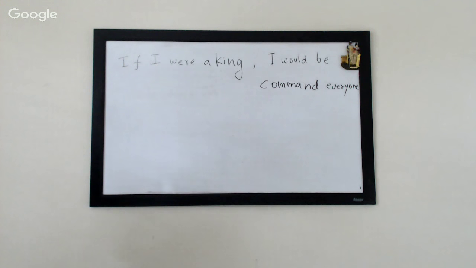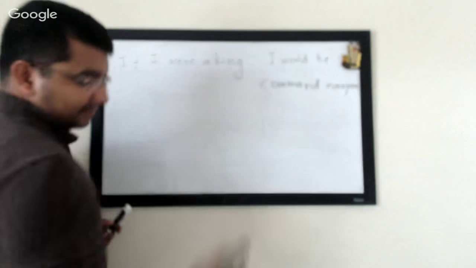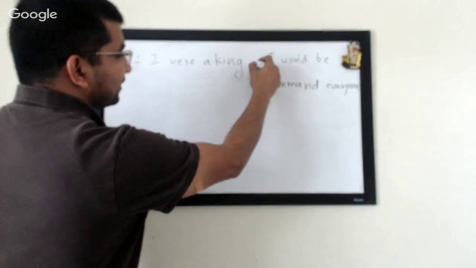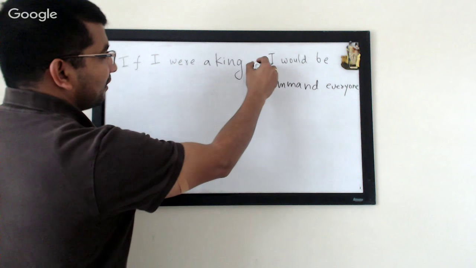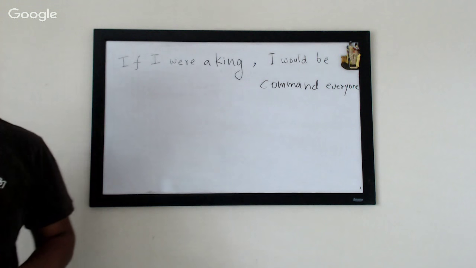So this is a little bit difficult, but give it a try. Actually, I had a little bit more complicated than that, but I'll have you first finish it and then I'll tell you the other variation of it. If I were a king, I would command everyone.